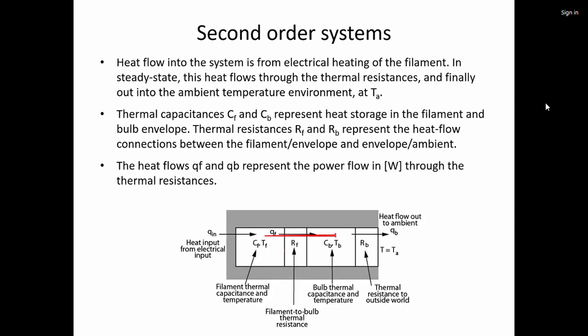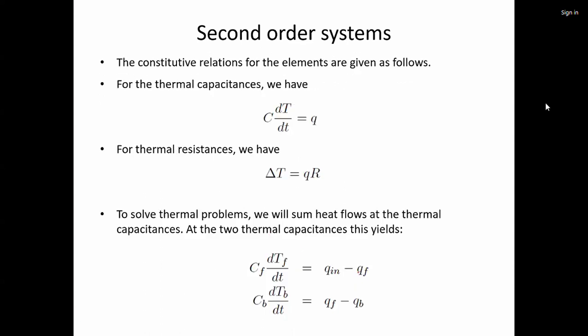What is the net heat flux? For the filament, Q in is coming because of the electrical heating, and QF is leaving to the bulb surface. So the net is Q in minus QF. That causes the rate of change of temperature of the filament.